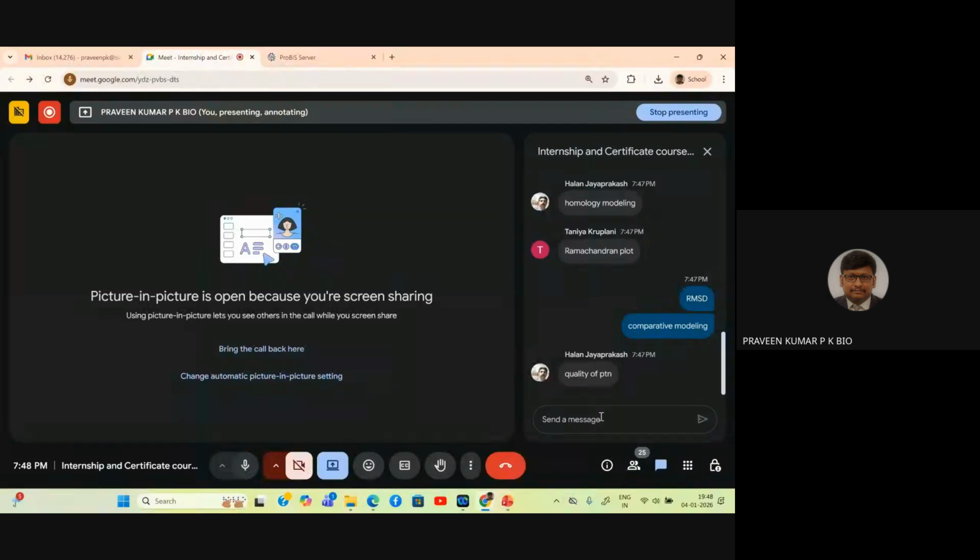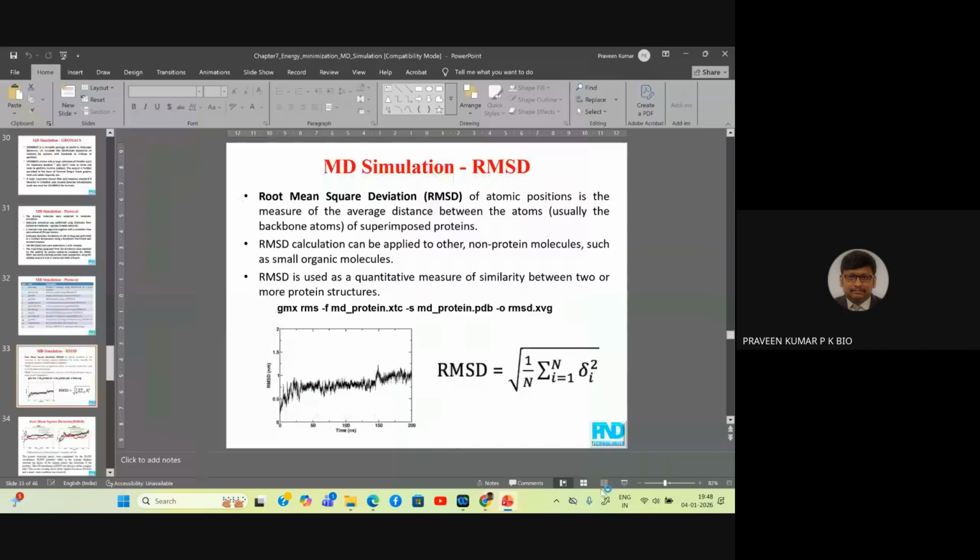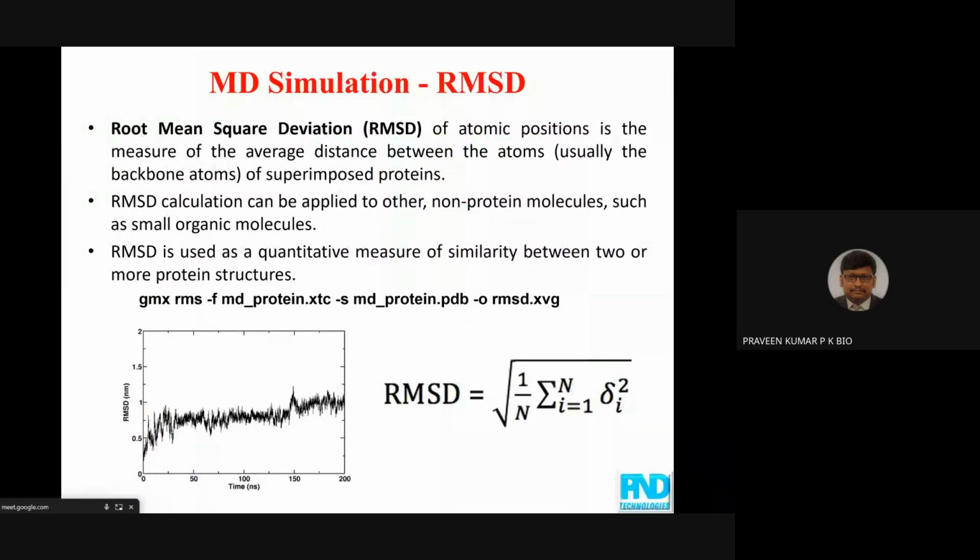If the difference between the atoms is more, then the quality is poor. If the distance between the atoms is less, then obviously the quality of the protein is good. Okay, this is how we can assess. Here, in MD simulation, in RMSD, we determine whether the ligand is bound with the receptor or not.